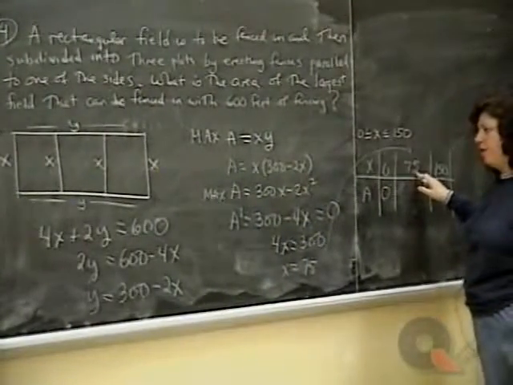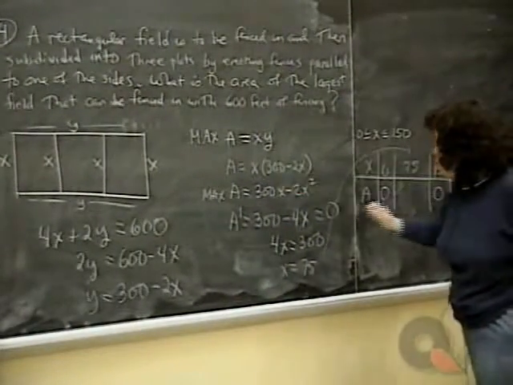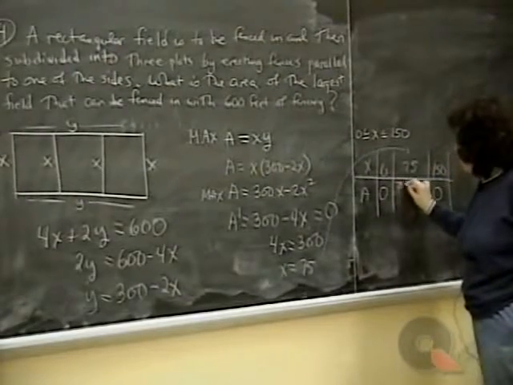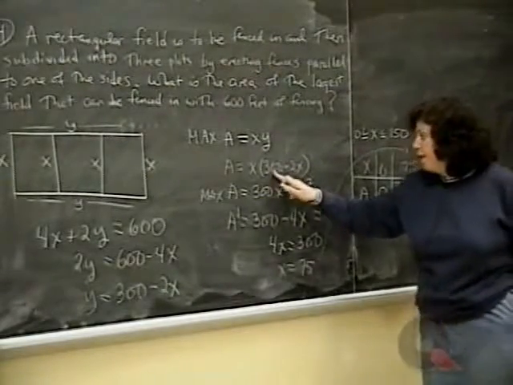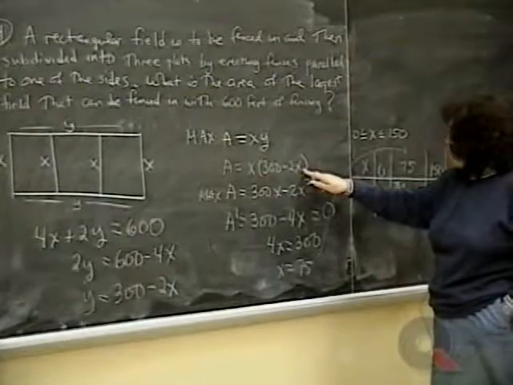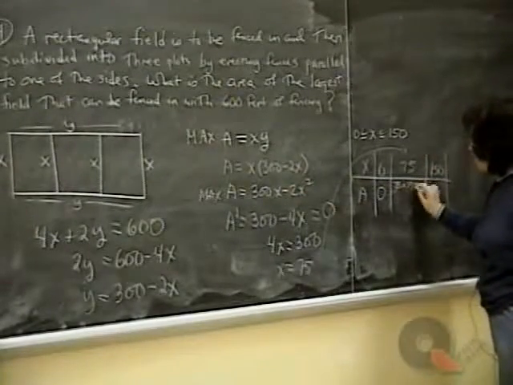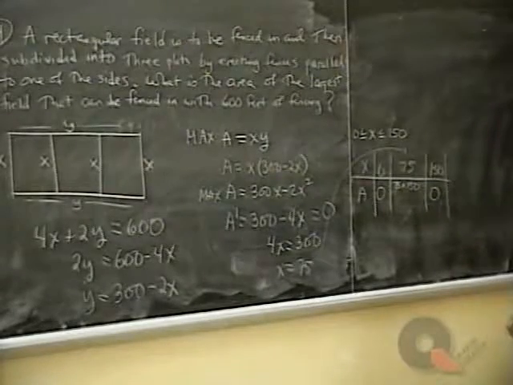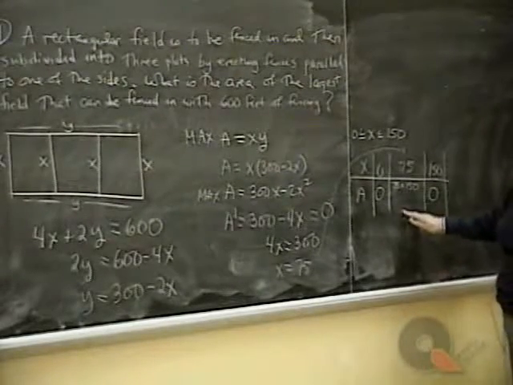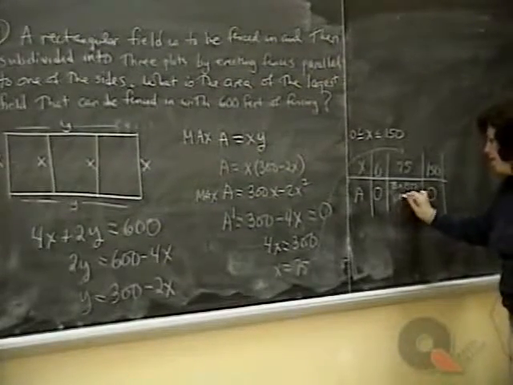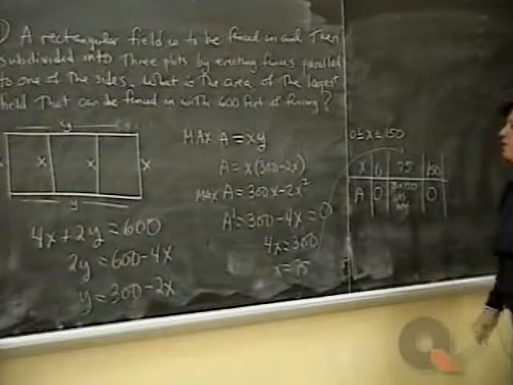If, on the other hand, we have 75, the area will be 75 times 300 minus 2 times 75, 300 minus 150 times 150. Now, clearly, the biggest of these numbers is this one here, and that's the absolute maximum.